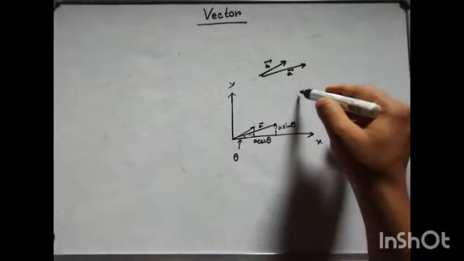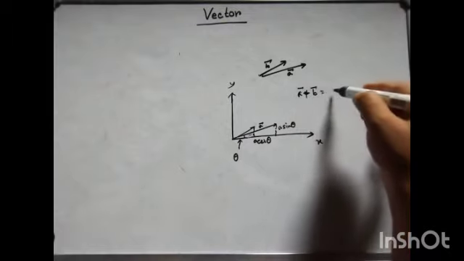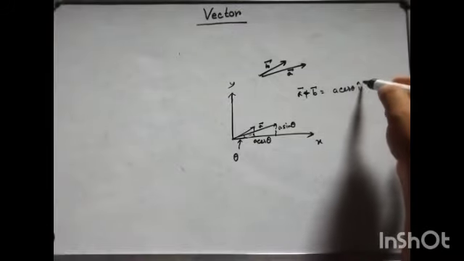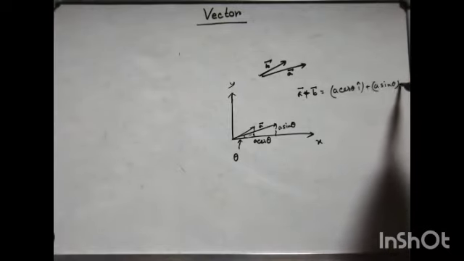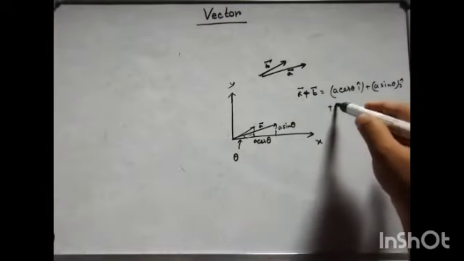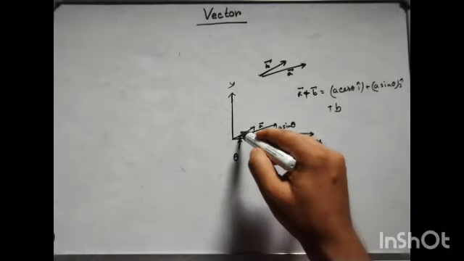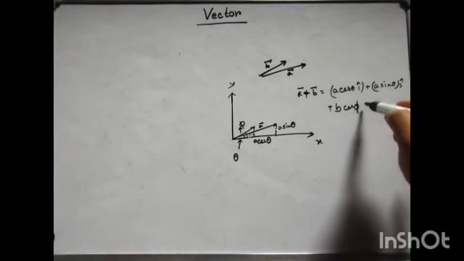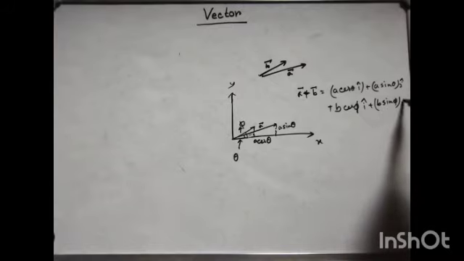So in this way, if we try to add these two vectors, a vector will be a cos theta i cap plus a sin theta j cap, and b vector will be, suppose the angle b vector makes with the x-axis is phi, then it will be b cos phi i cap plus b sin phi j cap.